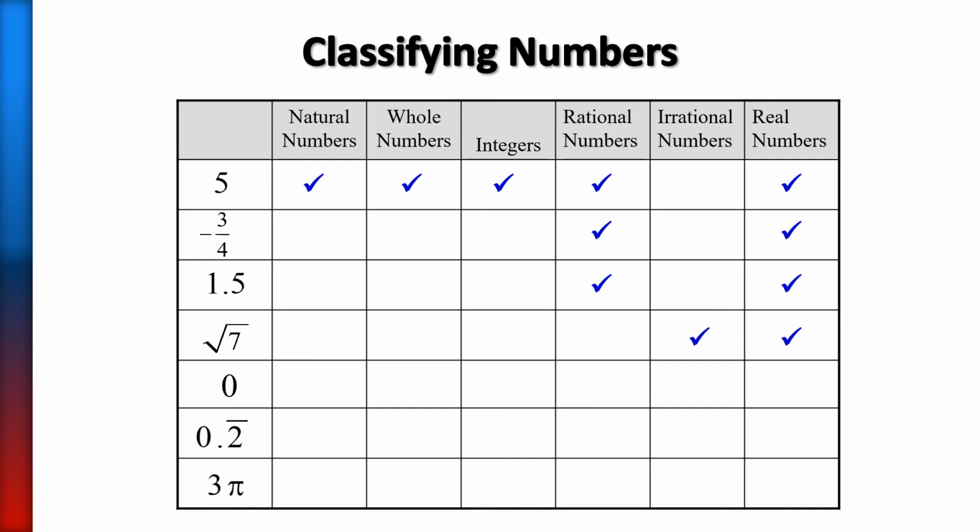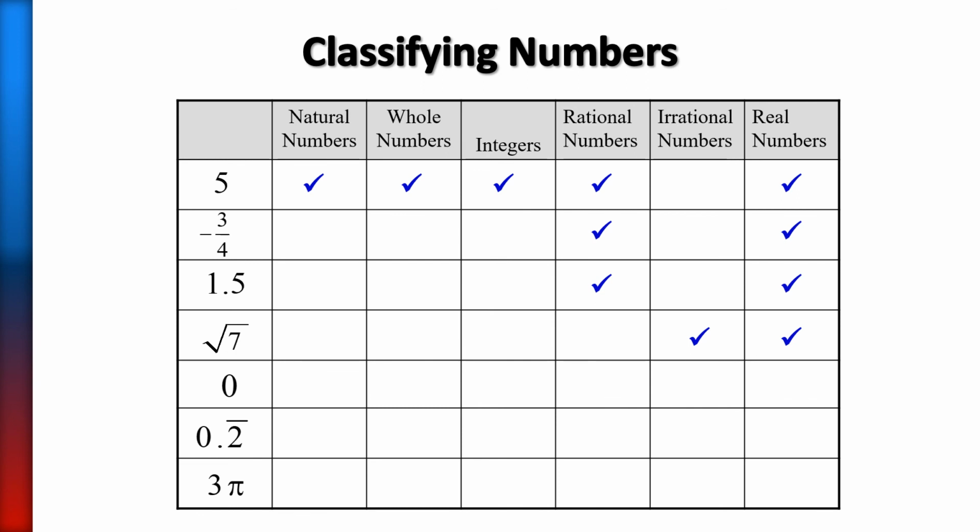Because the square root of 7, when you type that in your calculator, it's going to give you digits that run off the calculator. None of the digits repeat themselves, and it goes on and on and on. So therefore, it's classified as irrational. And again, you can't be classified as rational and irrational. As soon as you realize that it's irrational because it's a non-perfect root, then you automatically know that it can't be rational.